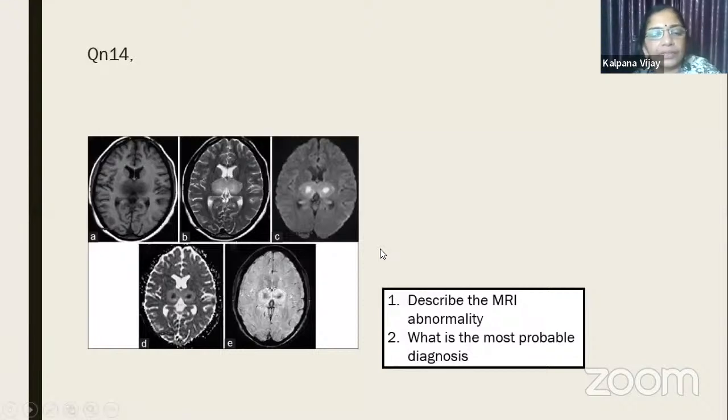In COVID also it has been described, and one person has written acute necrotizing encephalopathy in childhood.